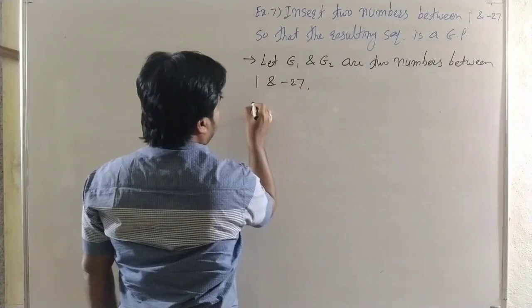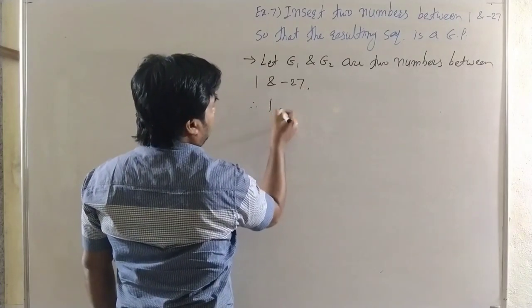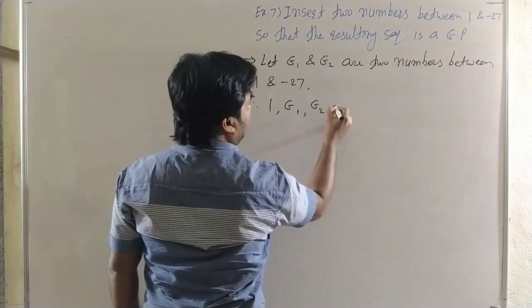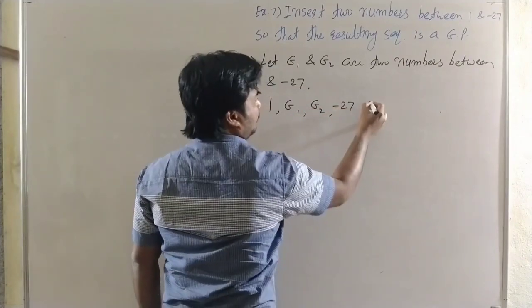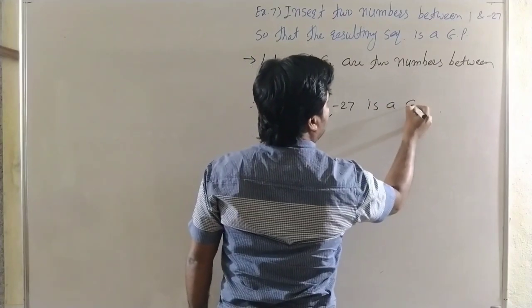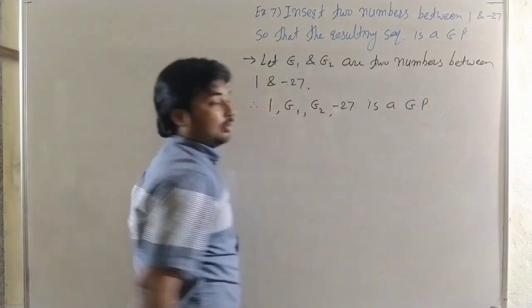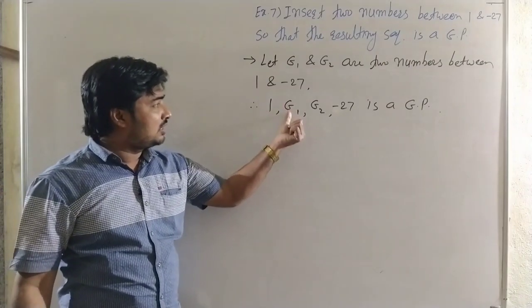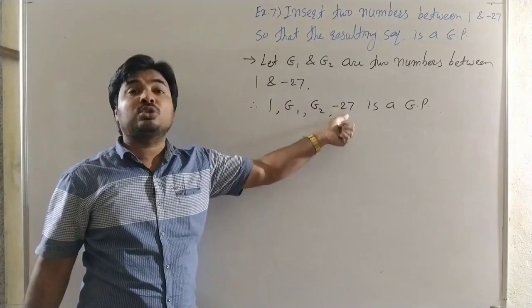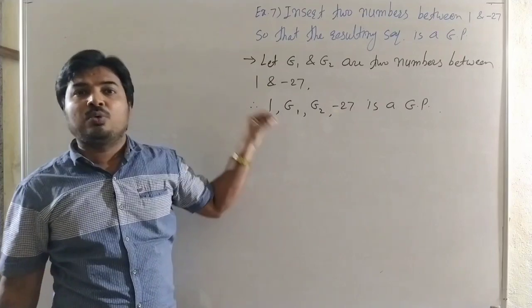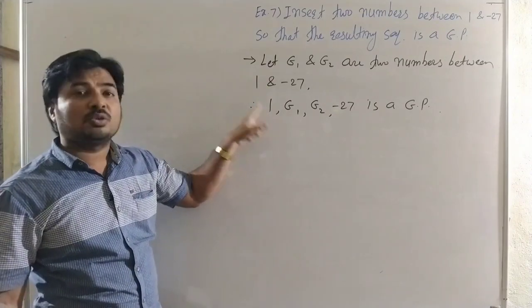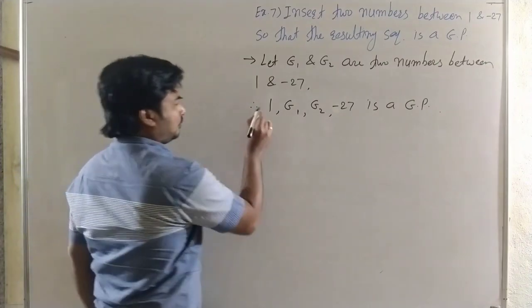Therefore, 1, g1, g2 and minus 27 is a geometric progression. See carefully. It is the first term, second term, third term, and fourth term. These are the given 4 terms in a geometric progression, with first term 1.